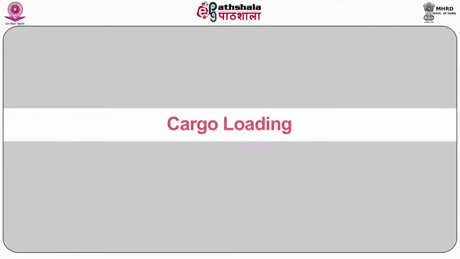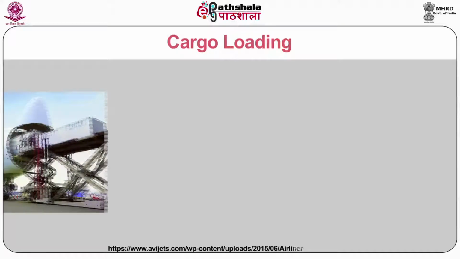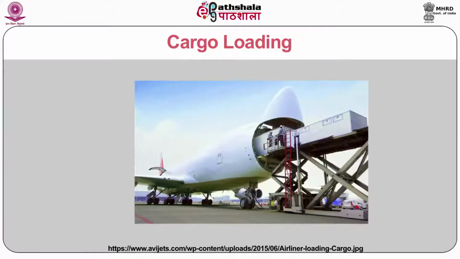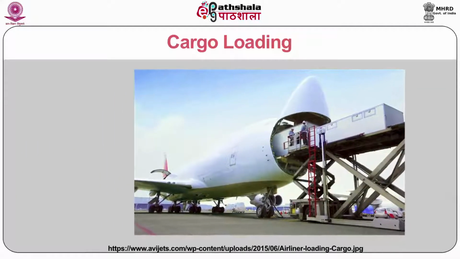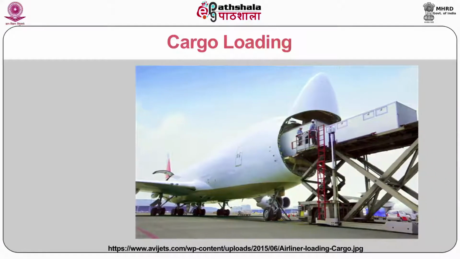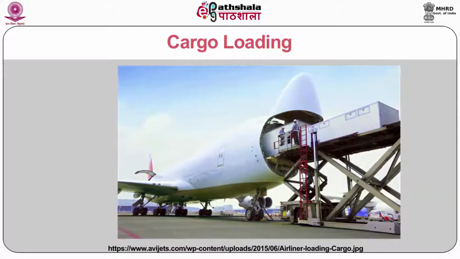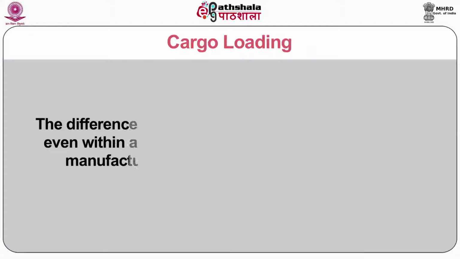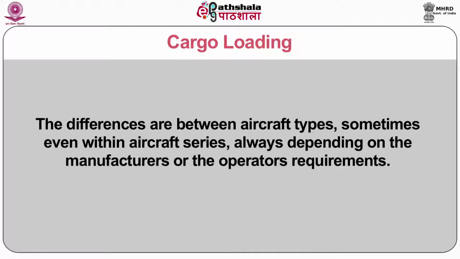Now I will discuss cargo loading. Cargo loading compartments differ in size, contour, size of access doors, compartment equipment, floor bearing strength, restraint possibilities and positions. The differences are between aircraft types, sometimes even within aircraft series, always depending on the manufacturer's or the operator's requirements.